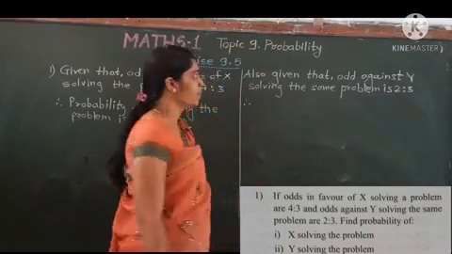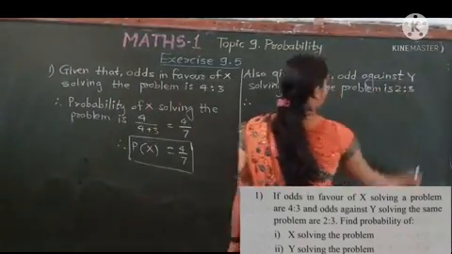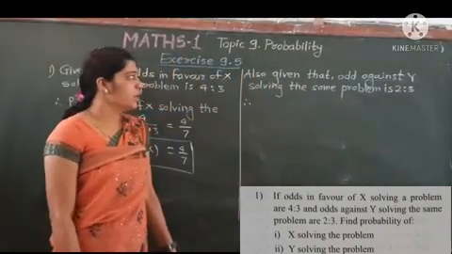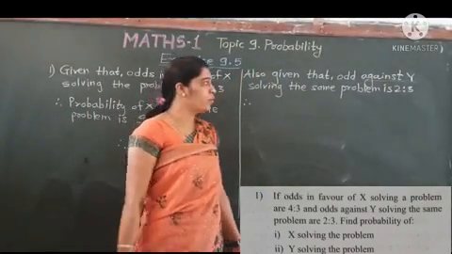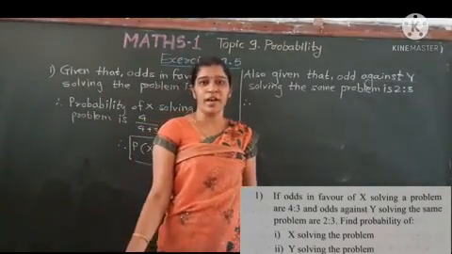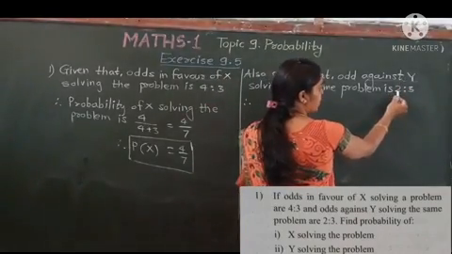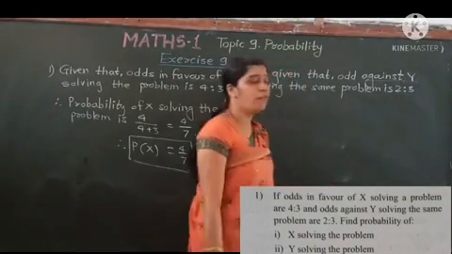Therefore see what is meant by odds against y. Against y we call it P of y. What is P of y here? Against y means P of y dash upon P of y.